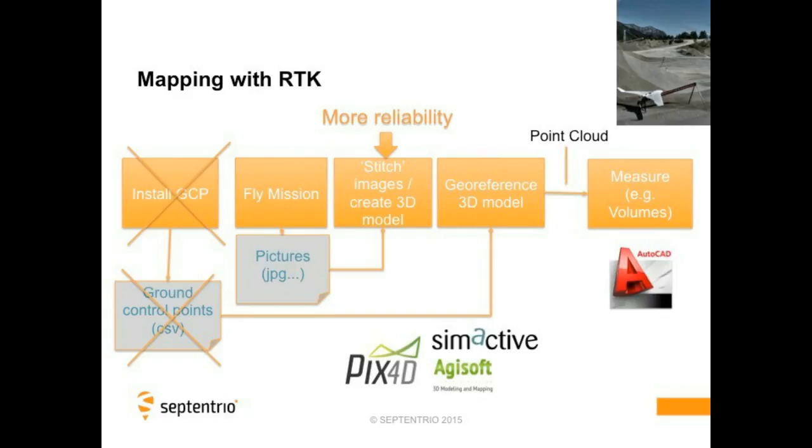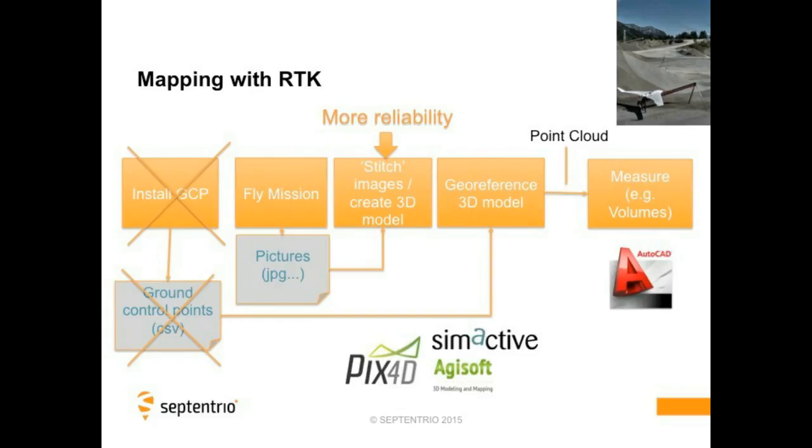Now, apart from giving each image an accurate position reference, the advantage is also that it increases the reliability of the stitching process when the images are being combined together. And in fact, it can also significantly speed up the stitching process when that information is available.